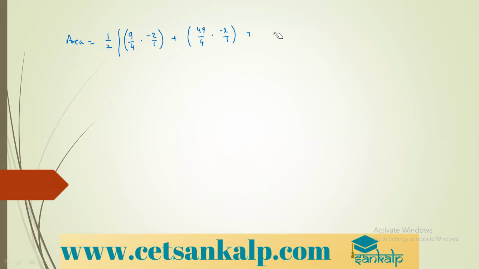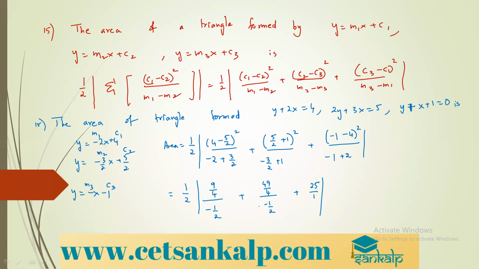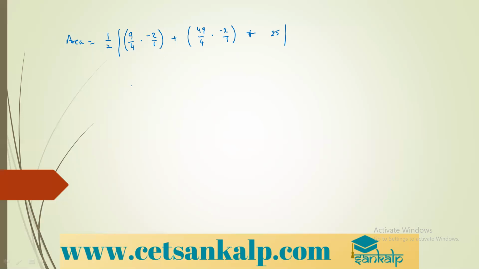This is the problem if I write it on the previous page. The problem will be in copying. So the last one will be plus 25. You can see the last term is plus 25.